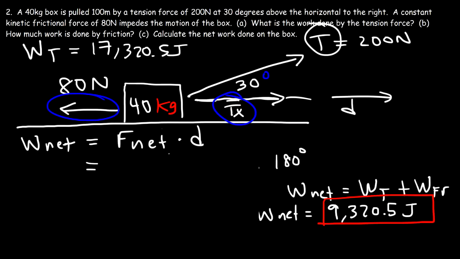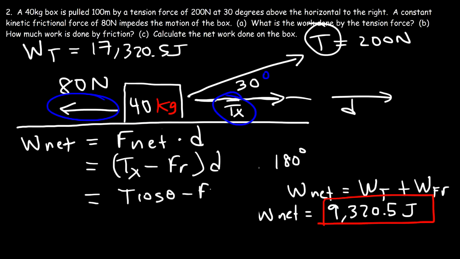So in the x direction, the net force is equal to Tx minus the frictional force. And so we have Tx, which is T cosine theta, minus the frictional force. So the frictional force carries a negative sign because it's towards the left, so that's why it's minus the frictional force.